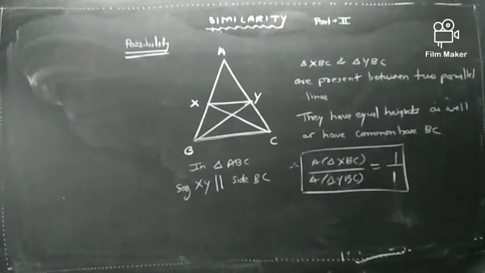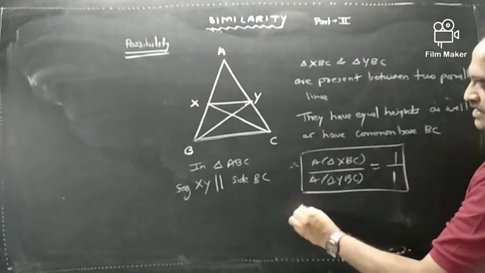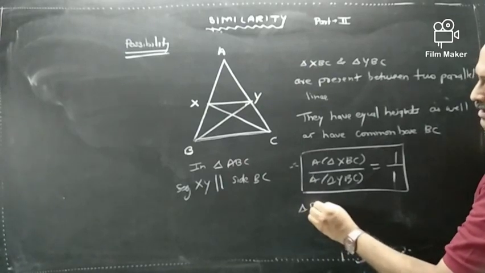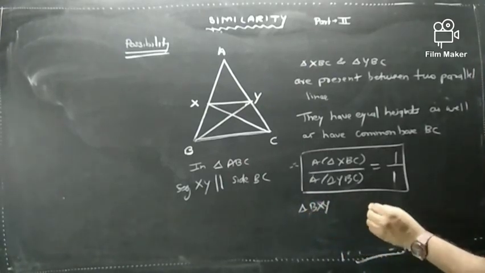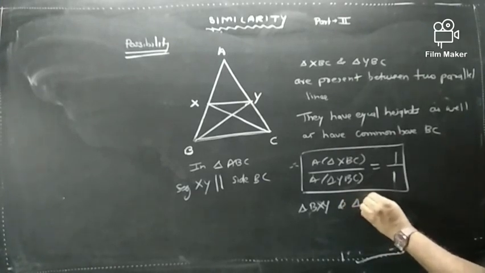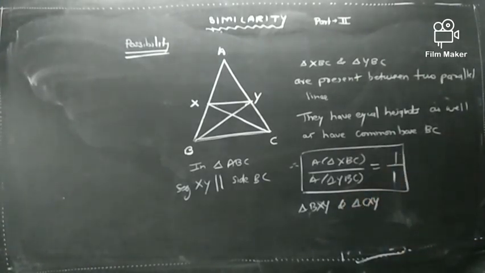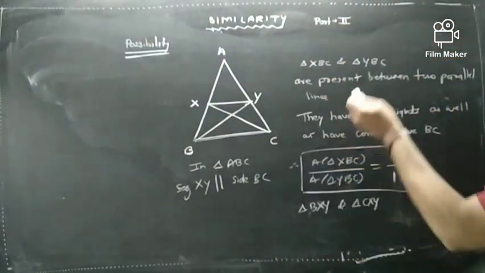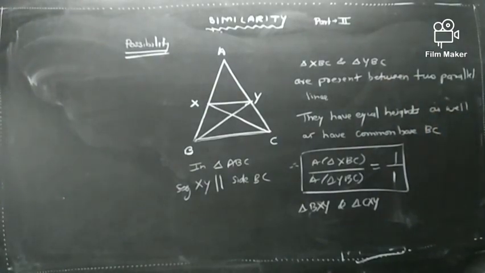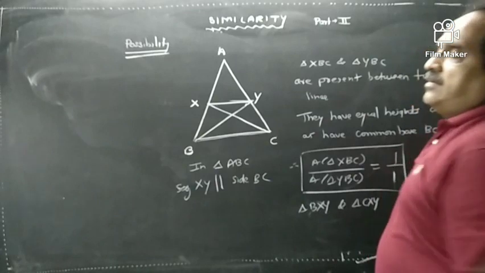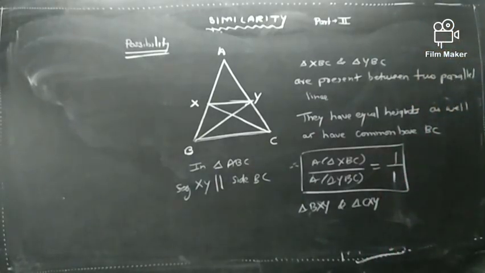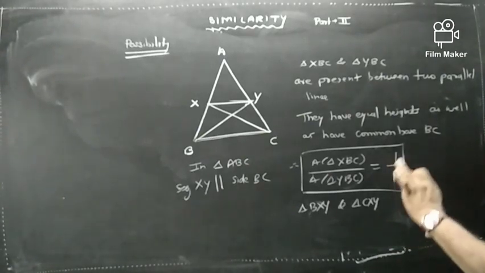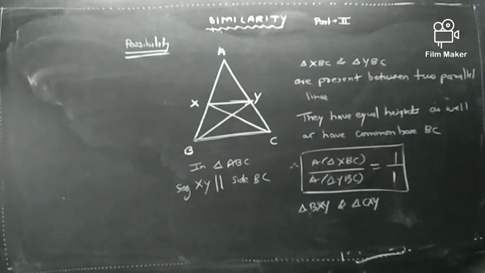Okay, I understood this. Same thing we can write for triangle BXY and triangle CXY, which are also present between two parallel lines. They have equal heights as well as a common base, XY. So ultimately they also have ratio 1:1. It is explained to you.